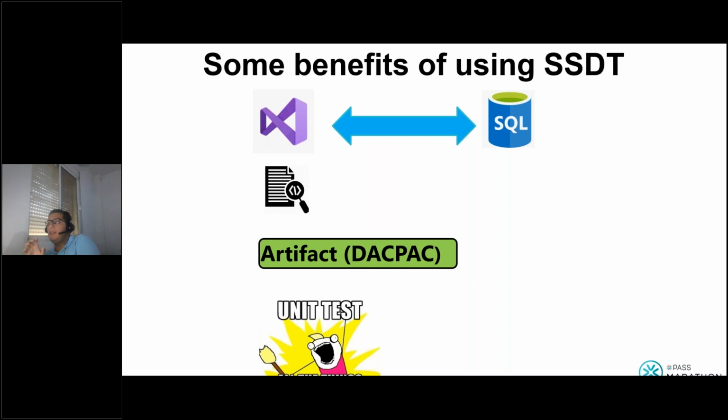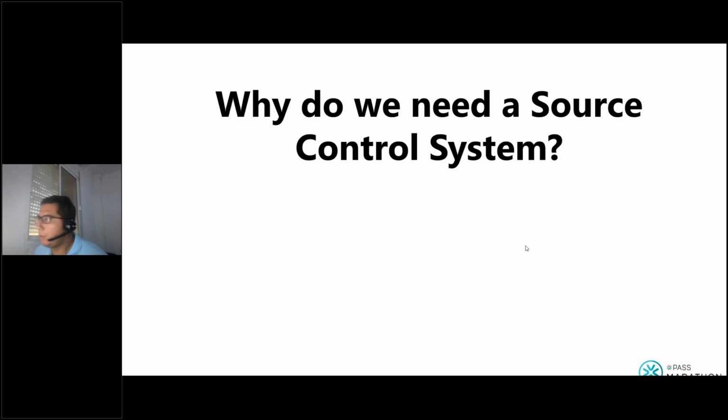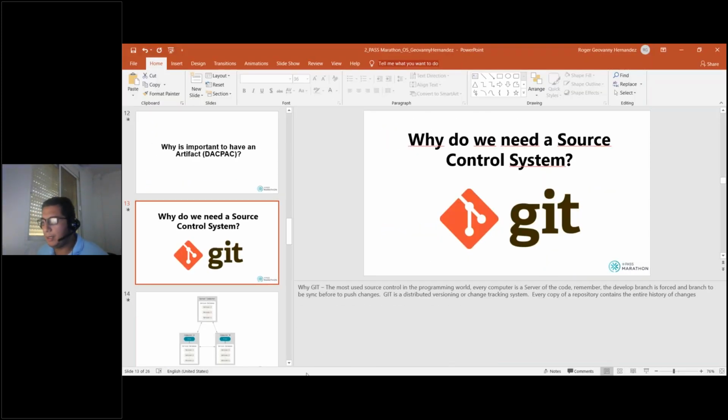If we have SSDT, we are able to start thinking in advance about unit tests, which are a very important part of every development. Then, we have talked about artifact and we have talked about DACPAC. Well, let me show you quickly a simple example.